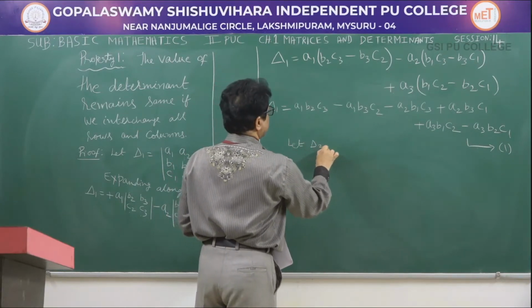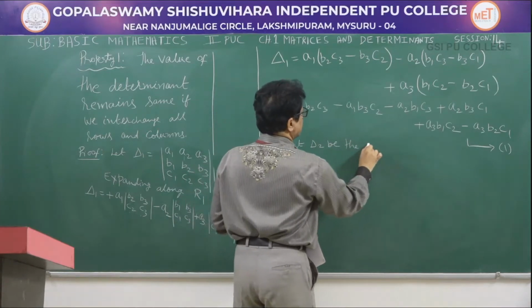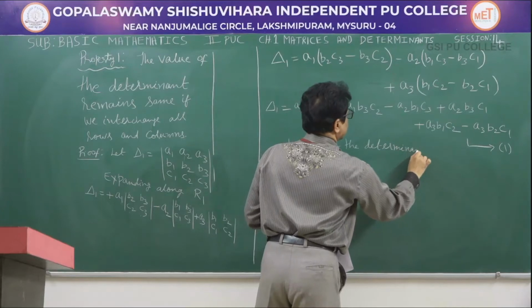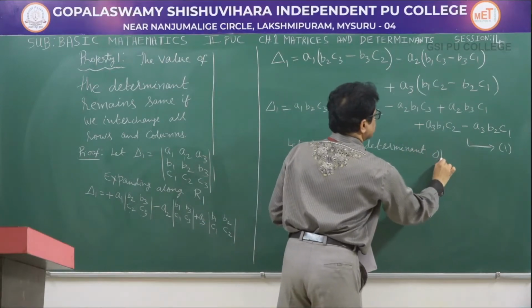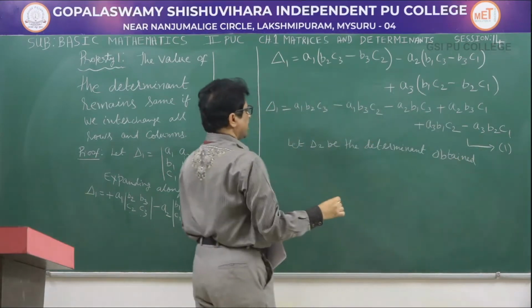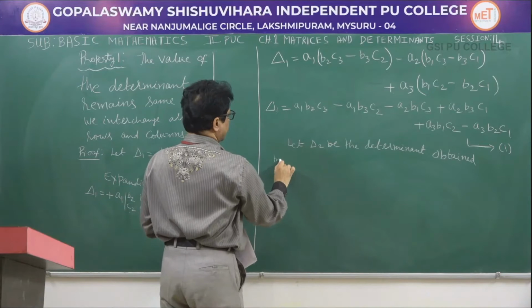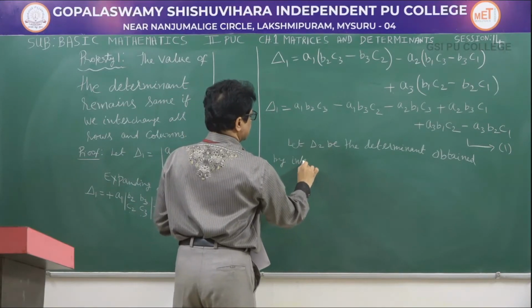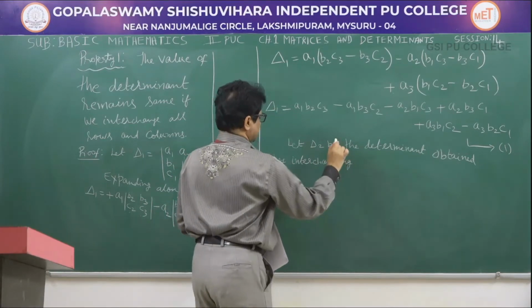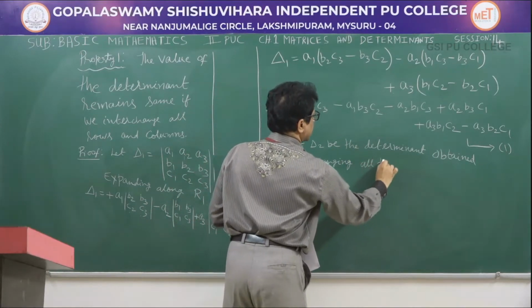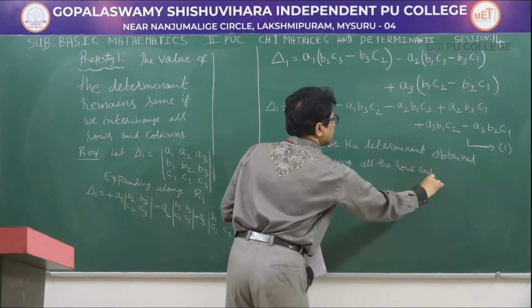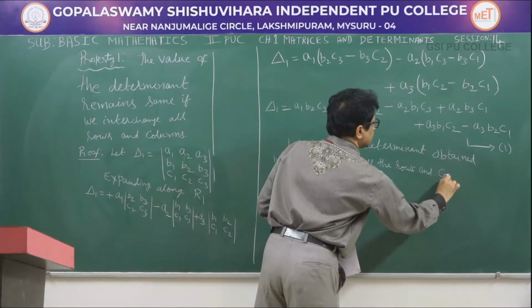Let delta 2 be the determinant obtained by interchanging all the rows and columns.